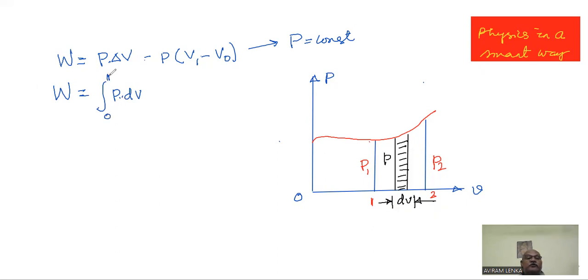That is the integration of PdV. In fact, it's a universal formula. Pressure may be constant or not constant, it doesn't matter. But if the pressure is constant, why unnecessarily go for the integral formula? That won't help us. But if the pressure is not constant, then we have a way to find the work like this.